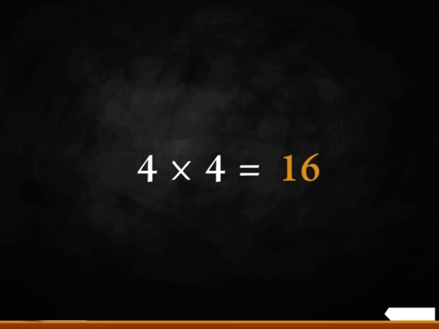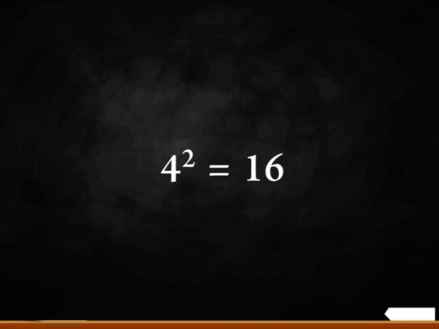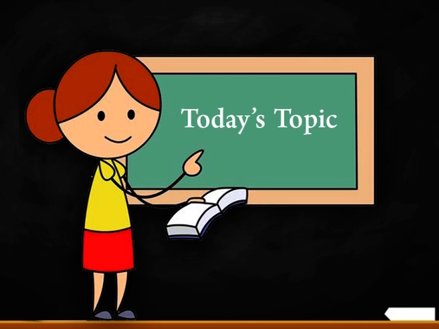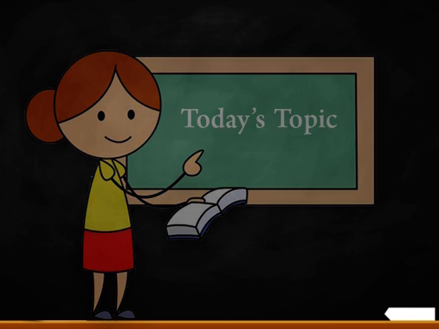Here we got our answer, because when 4 is multiplied by itself, it gives 16. 4 is the square root of 16. And we have already discussed a method to find out the square root of bigger numbers. So let us not discuss it again and move forward to today's topic.